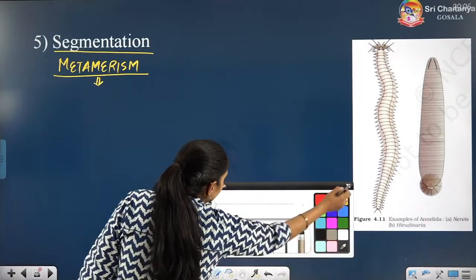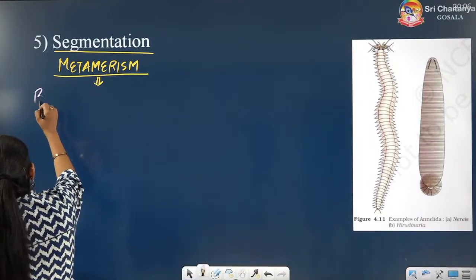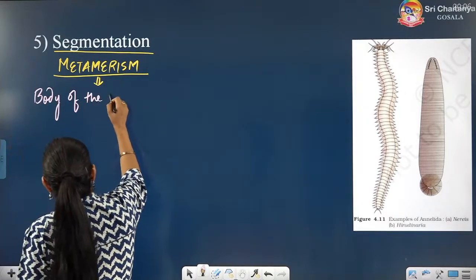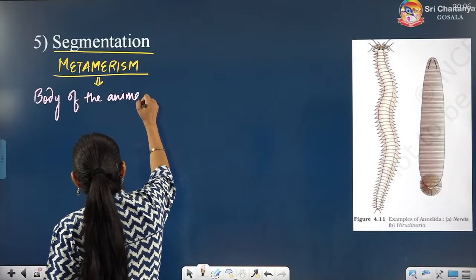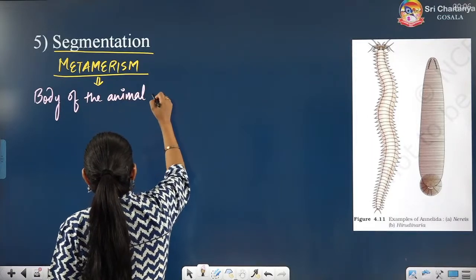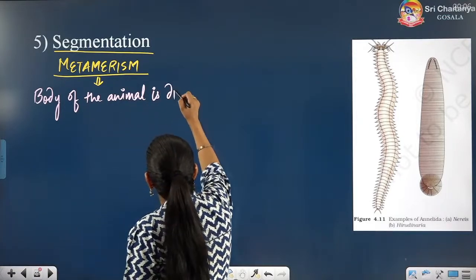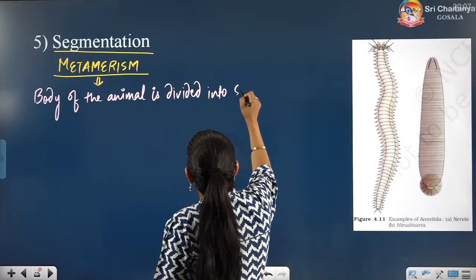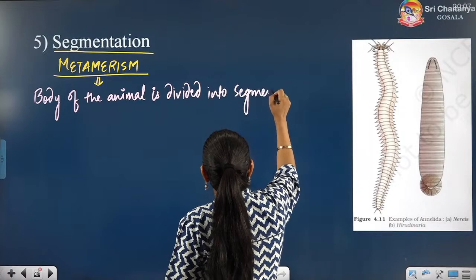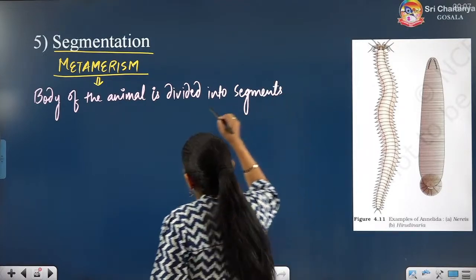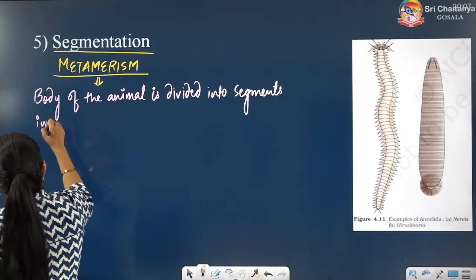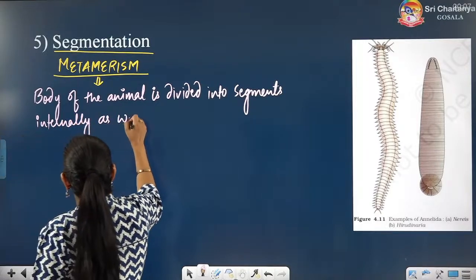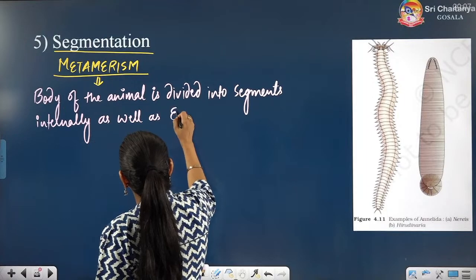So what is the meaning of metamerism actually? The meaning of metamerism is the body of the animal is divided into segments internally as well as externally, everyone.